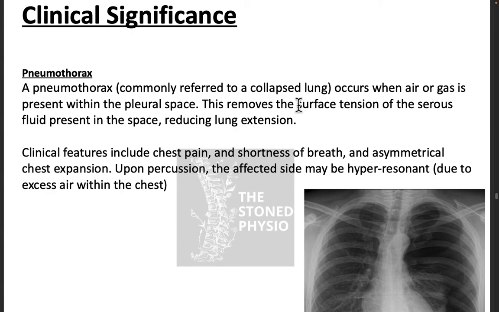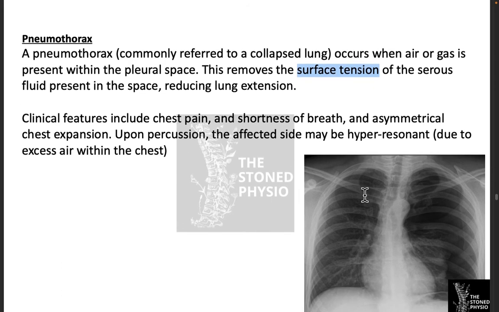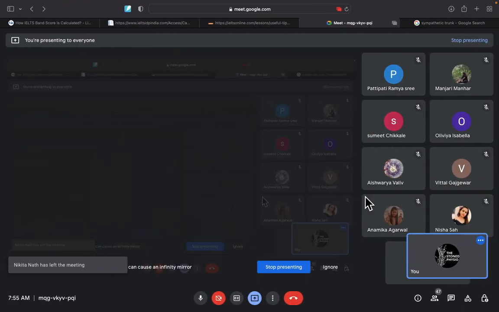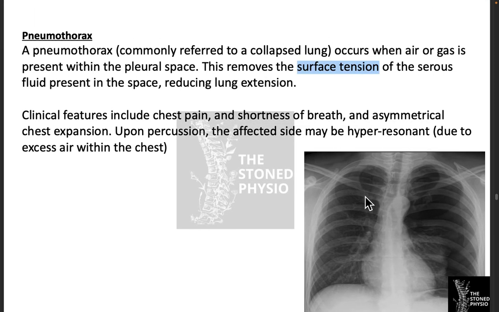In that case, the visceral pleura, the inner layer, will not be able to expand as much as the outer layer, the parietal pleura, is able to, and because of that, overall this thing will decrease. And upon percussion, can anyone tell me the meaning of percussion?